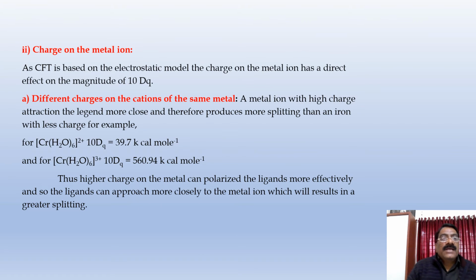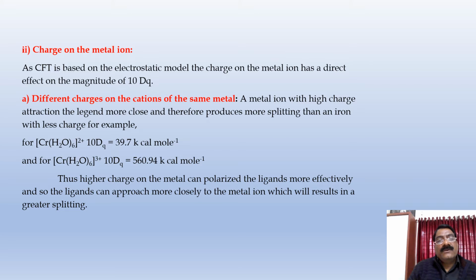Second factor, charge on the metal ion. As CFT is based on the electrostatic model, the charge on the metal ion has a direct effect on the magnitude of 10 dq.